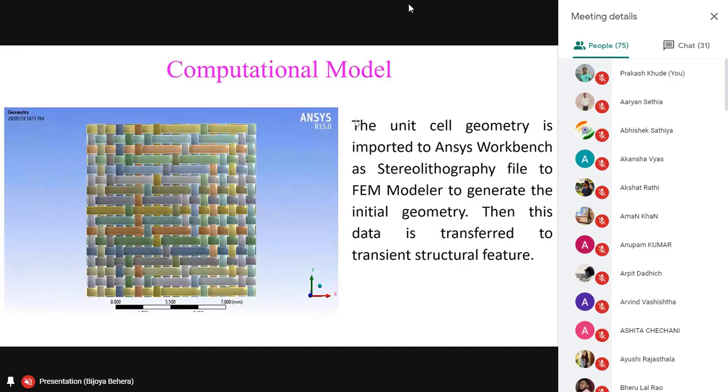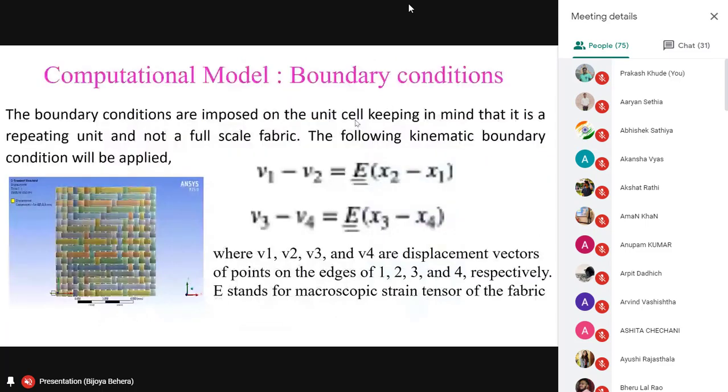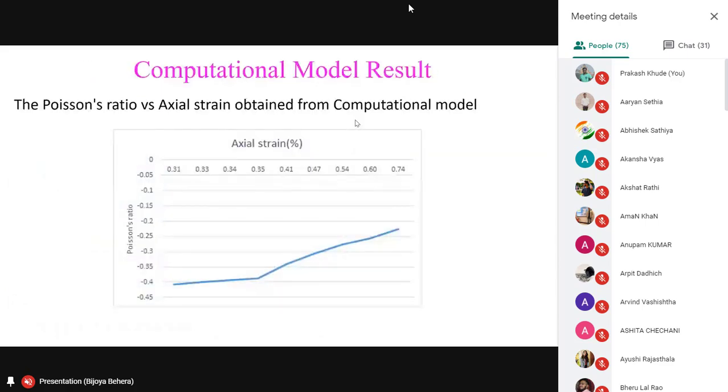So you can find out the change in color, carried out in ANSYS software, in which we have processed and calculated the NPR value just by clicking it. And you also find the same Poisson's ratio axial strain relationship in this method also. So both ways, by computational method and by mathematical technique, you can predict how much NPR value you can achieve.